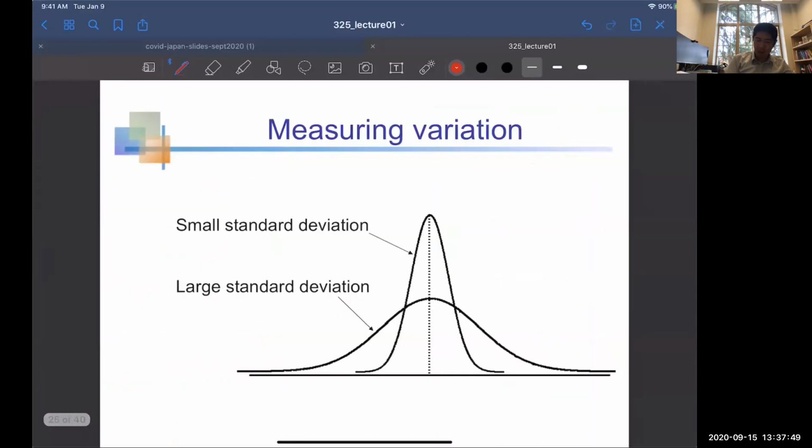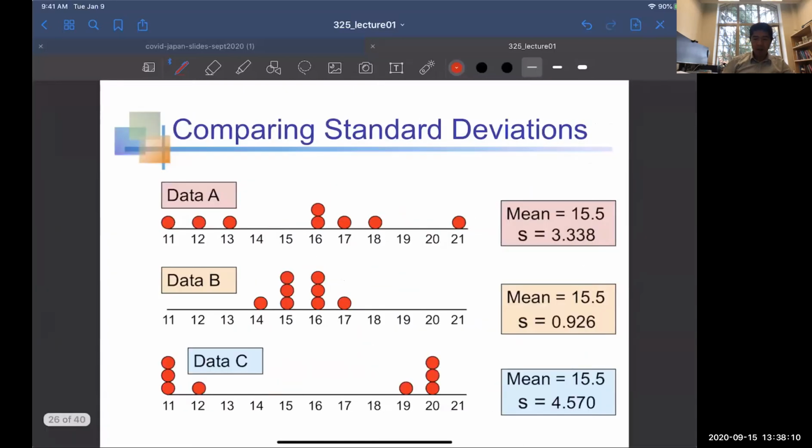All right, so measuring variation. We try to get a sense of how the distribution of the data looks by summarizing it in terms of some number. That's where the interquartile range is useful, and that's where the standard deviation is useful as a measure. So you can compare standard deviations.